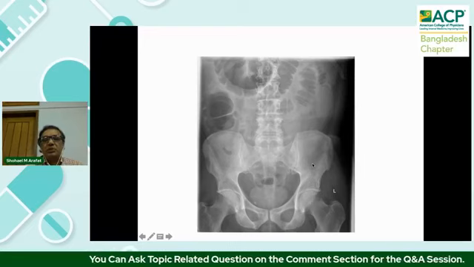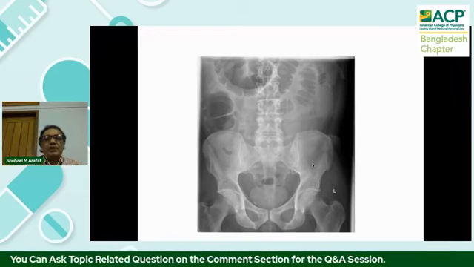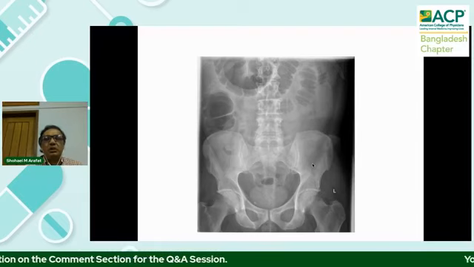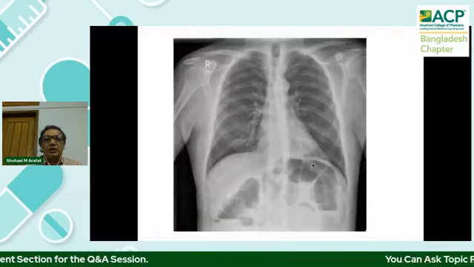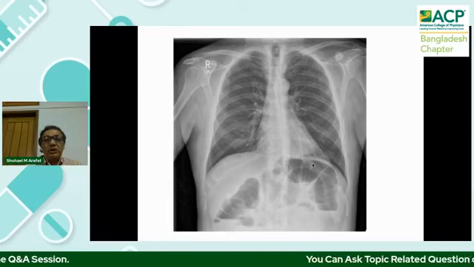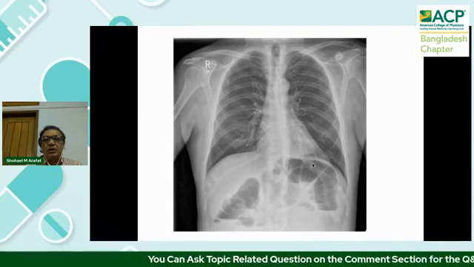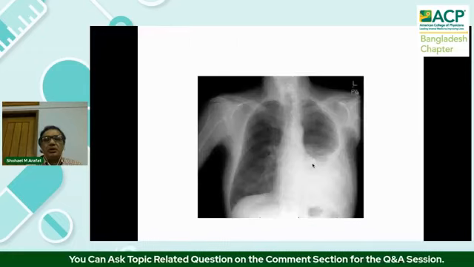This is another important X-ray sign we will read in our book, the colon cutoff sign, along with the sentinel sign. Similarly, this is also a colon cutoff sign. You can see the right side of the colon, but the left side is not visible.